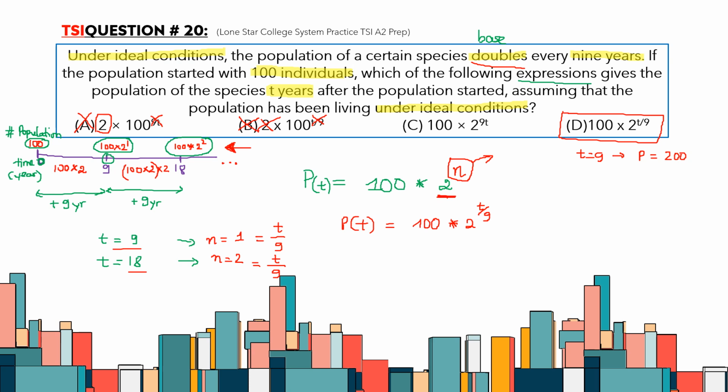And that's true for this one, which matches what we have here: 100 times 2 because it doubles. But look at the other one. After 9 years, you will have 100 multiplied by 2 to the power of 81, since 9 times 9 is 81. So that's not right. Based on that logic, surely D will be the answer.